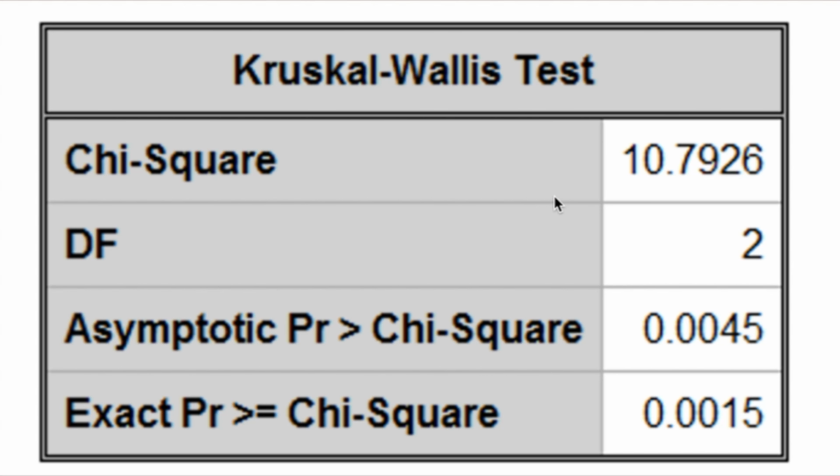Note that it gives us the value of the chi-square test statistic, 10.7926. This test is based on 2 degrees of freedom, and the approximate p-value is reported. It's 0.0045, and we're also able to obtain the exact p-value of 0.0015.